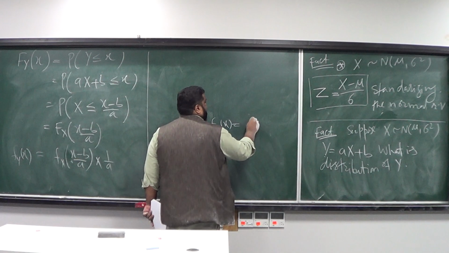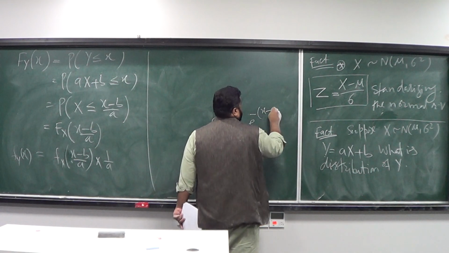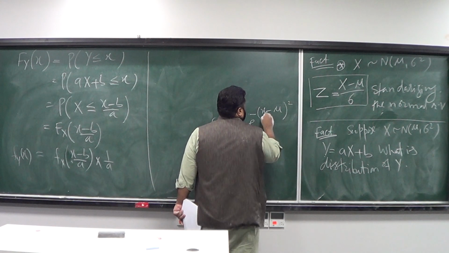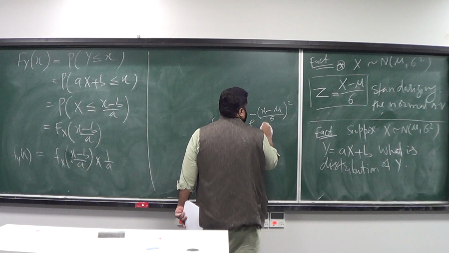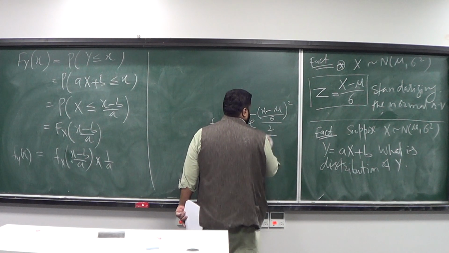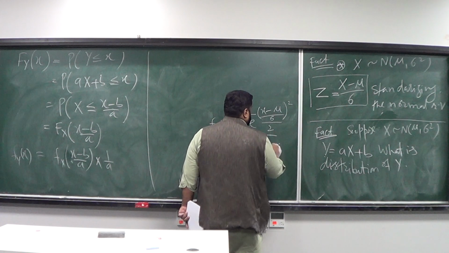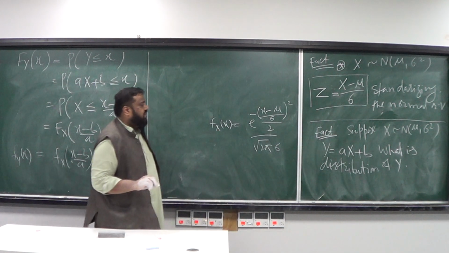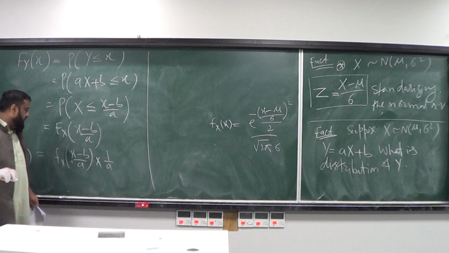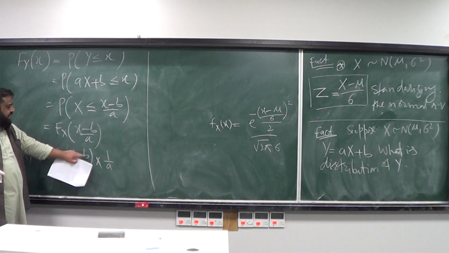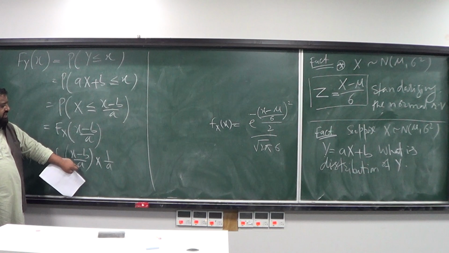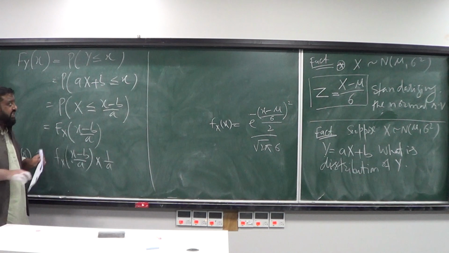Now we know the formula for f_X of x. So f_X of x is e to the minus (x minus mu) square over 2 sigma square, divided by the square root of 2 pi and sigma. So this is the formula. If I substitute (x minus b) over a into this formula, what are you going to get?